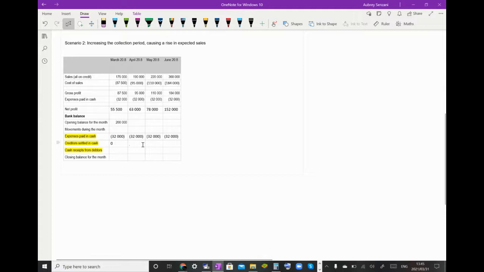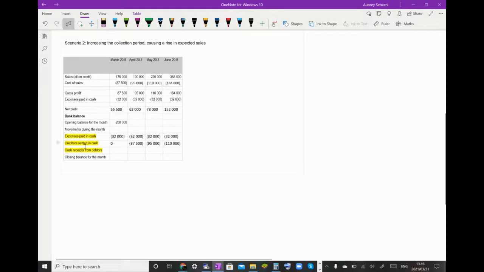Here, because it's 100%, it's going to be 87,500 as it was the last time. Those brackets, okay, it's not the same, so we have to do it again here. This time it's 95,000, and here it is 110,000.